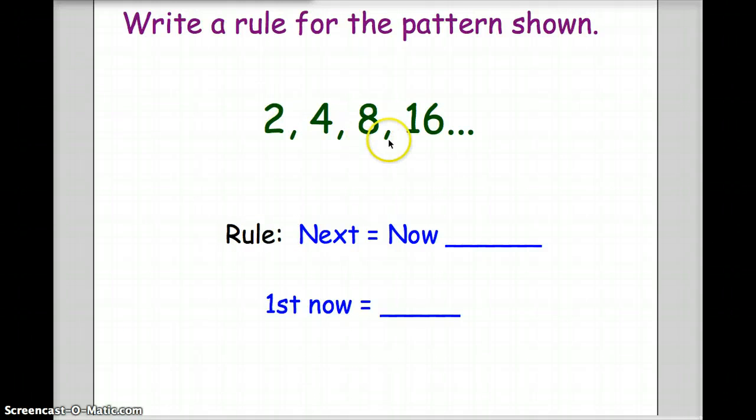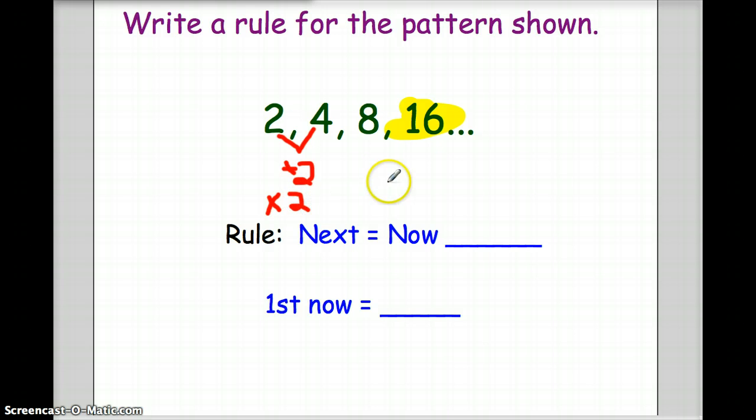We're going to start out by writing a rule for this pattern shown. We've got the pattern 2, 4, 8, 16. In order to write this pattern, we have to tell what we have to do to the number we have now, or that number 16, in order to get the number directly after it. So let's see, to get from 2 to 4, I can either think of adding 2 or multiplying by 2.